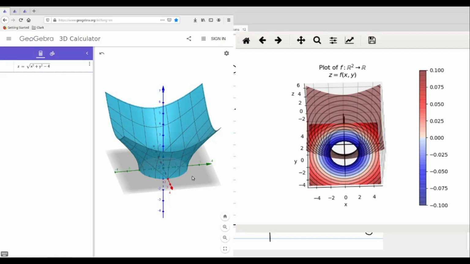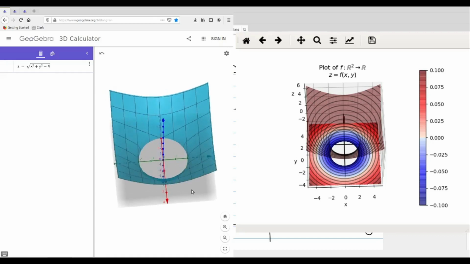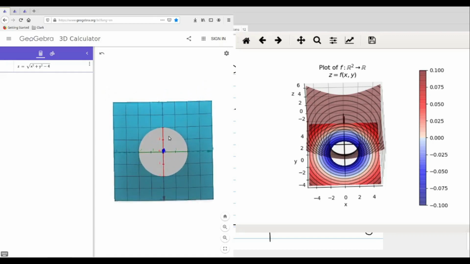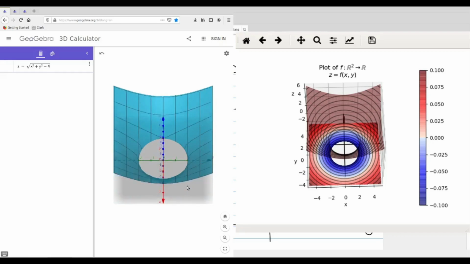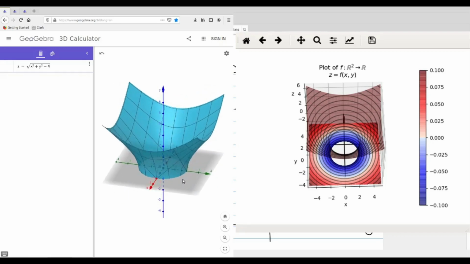What's neat about this plot is that you also see a verification of our domain and range calculation for this function. Specifically, the domain of this function is all points outside the circle of radius 2, because these are the only points where our function is defined. And the range of the function is from 0.